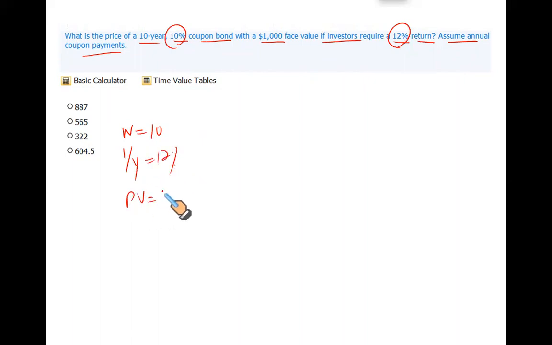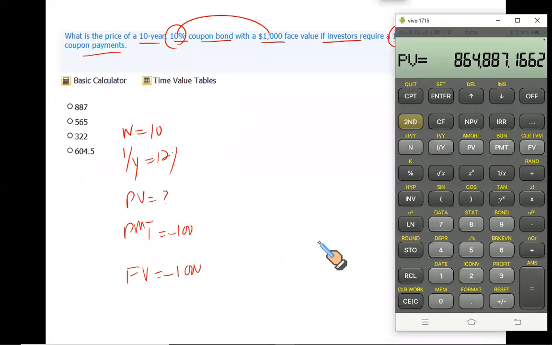Present value, the bond price, is what we want to calculate. The interest payment is the coupon multiplied by the face value, that is 100 negative. And when the bond matures in 10 years, the face value is negative 1,000. Just plug in the numbers and you will get your answer.